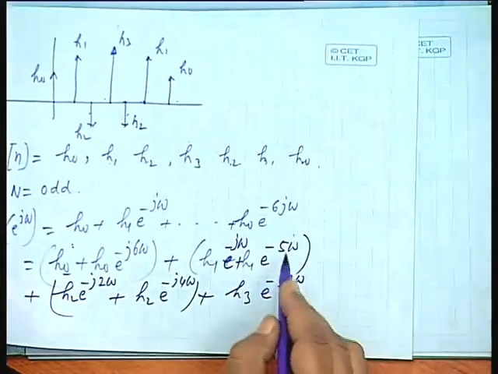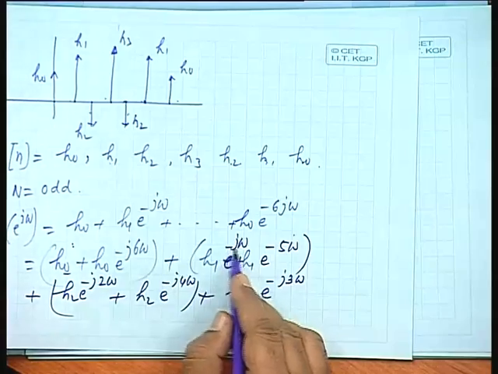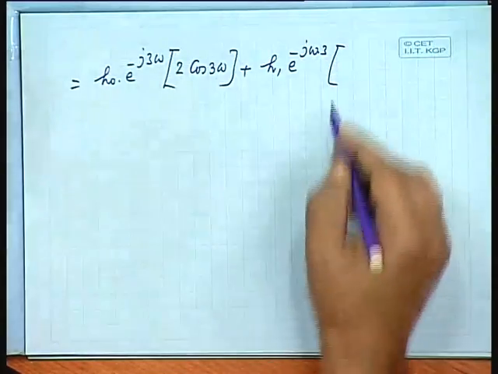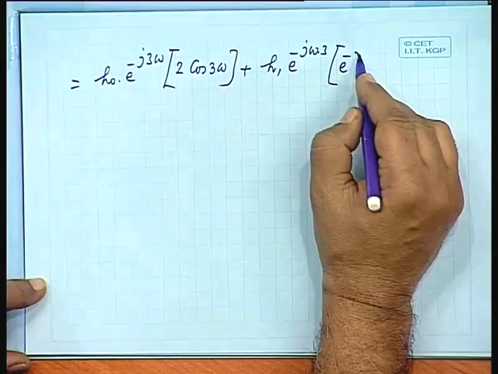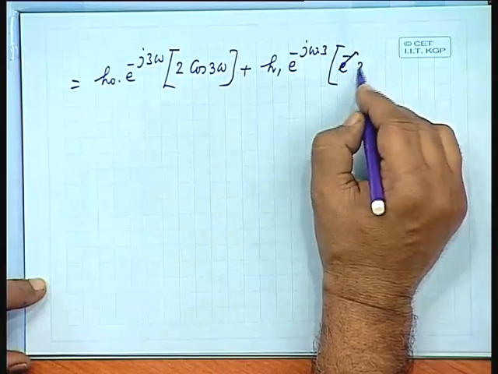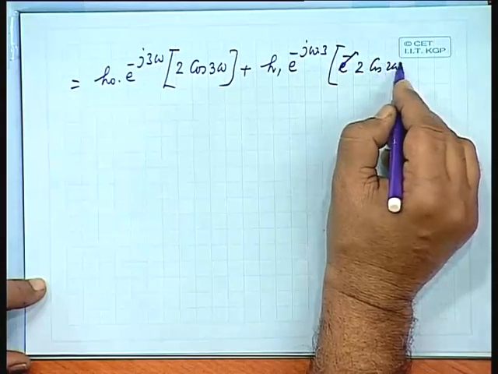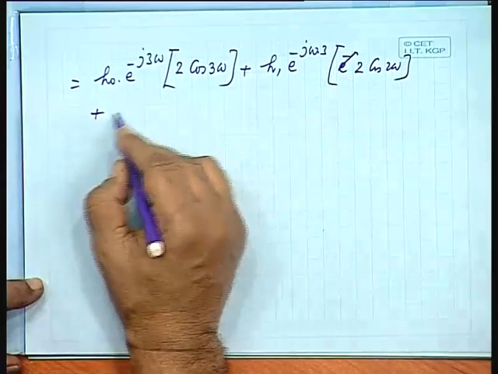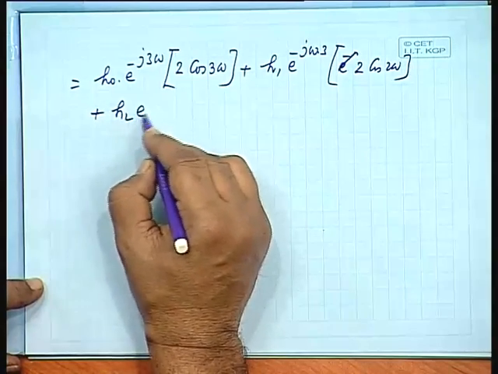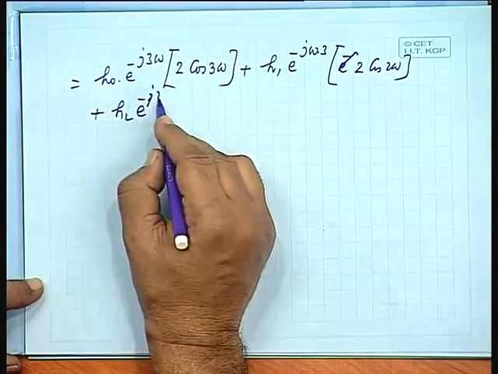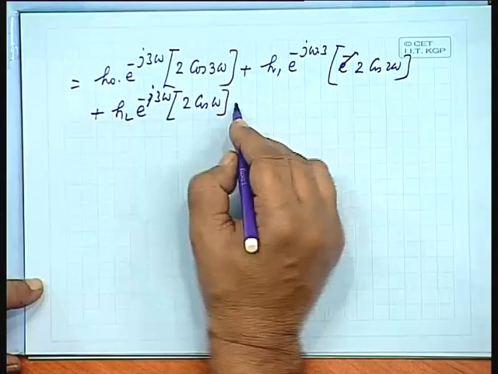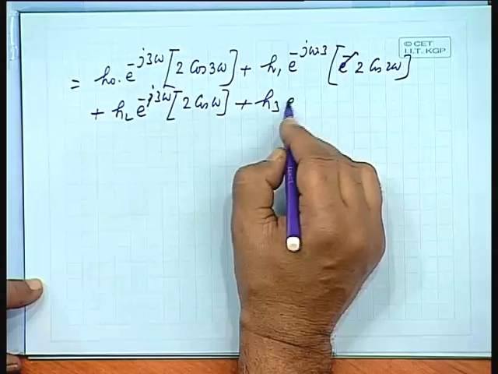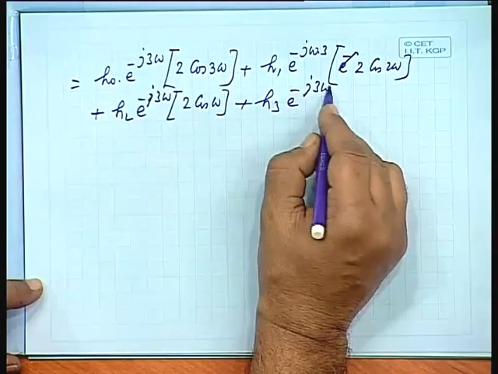Because it is the average of 5 and 1 that I am taking out. So, I will get e to the power minus j 2 omega and plus 2 omega. So, that will be twice cosine 2 omega. Similarly, h2 e to the power minus j 3 omega into twice cosine omega plus h3 e to the power minus j 3 omega.